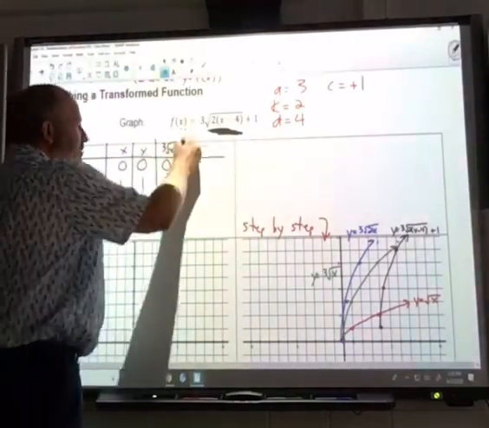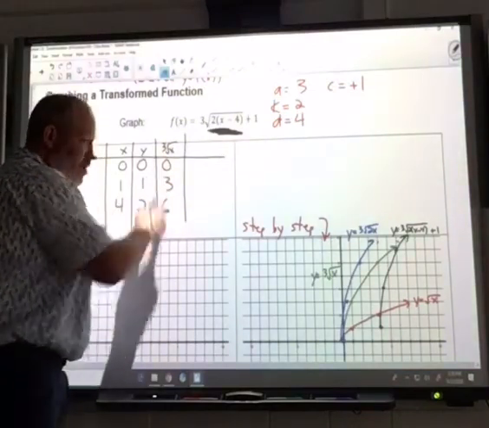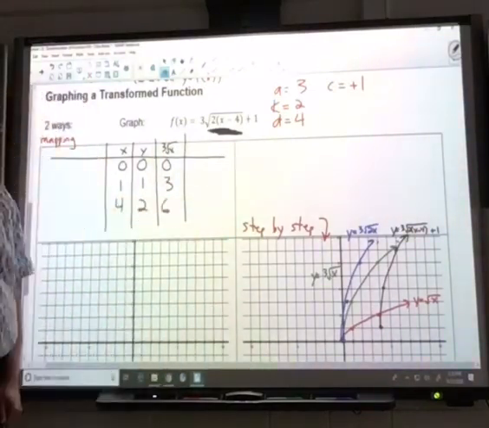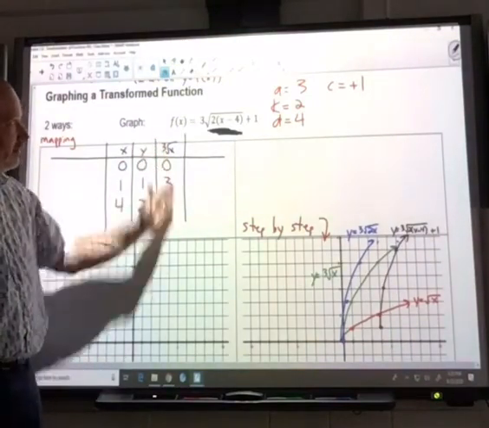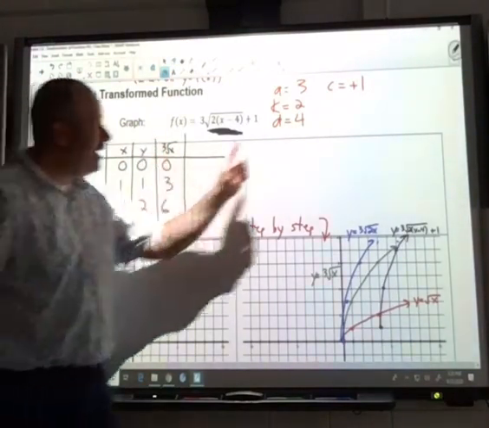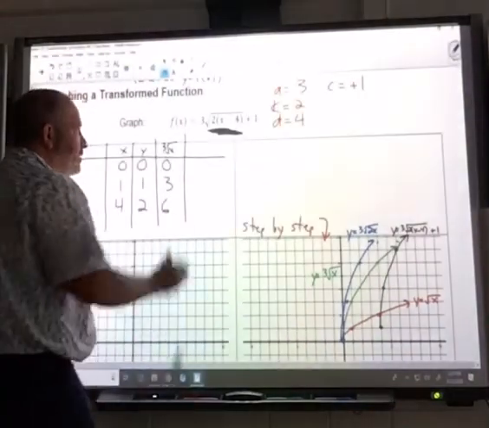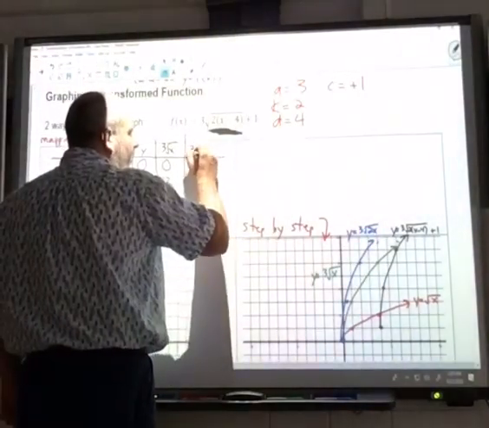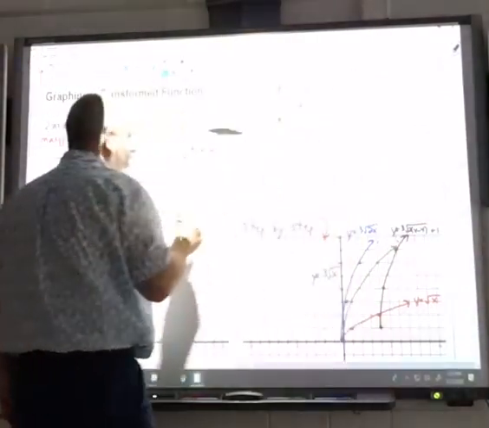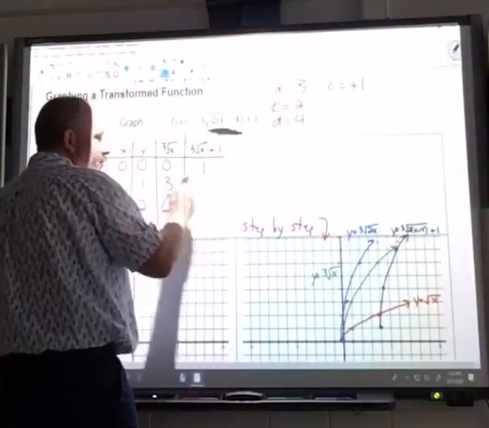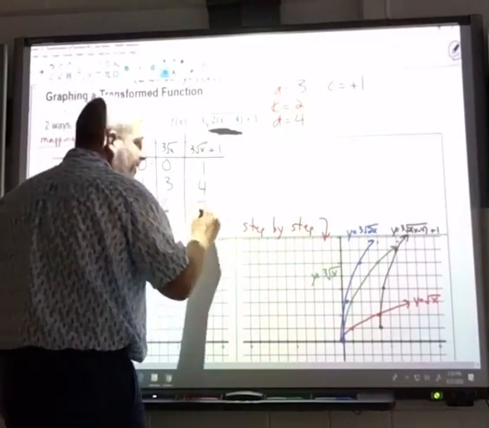And then I'm going to take this value now that I've modified, and take it one step further. I multiply by 2, and then I add the 1. So I go 3 root x plus 1. And then I add the 1, and so what do I do? 0 becomes 1, 3 becomes 4, and 6 becomes 7.